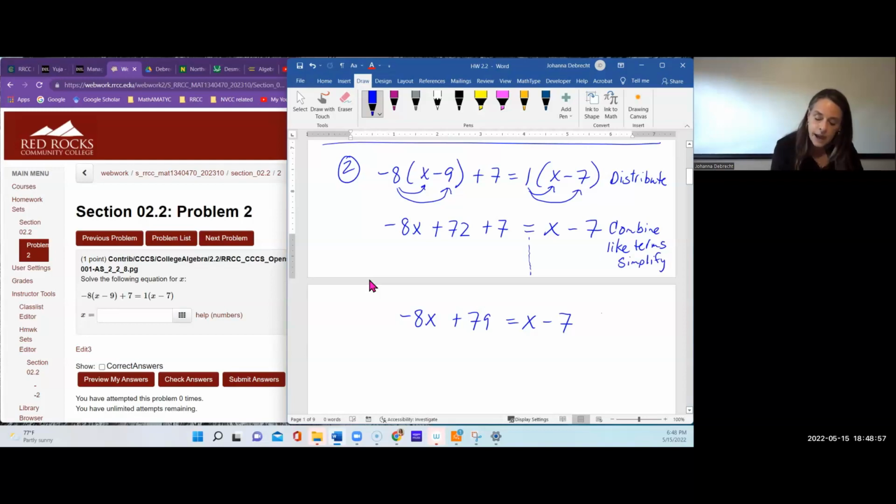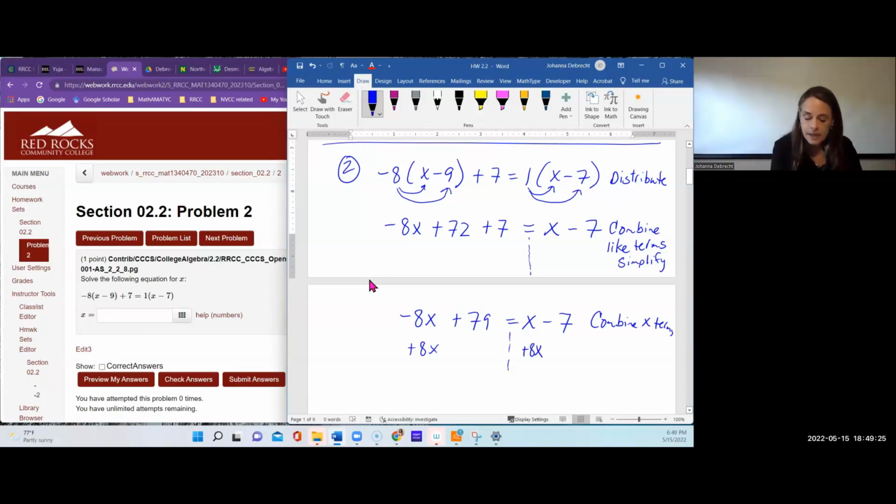And then we need to gather or combine x terms. I'm going to look at my x terms and I'm going to choose the smaller one. And because negative numbers are always smaller than positive numbers, that means -8x is smaller than x. I'm going to move the smaller one by adding 8x to both the left side of the equals and the right side of the equals.